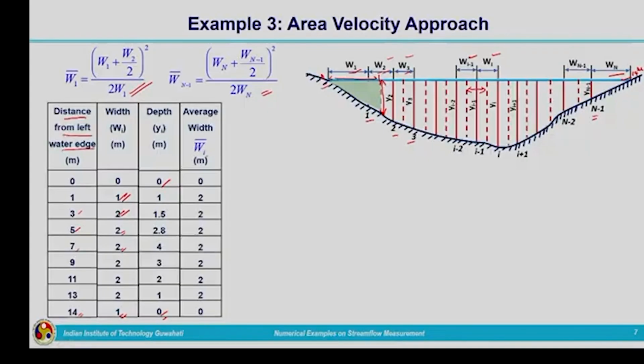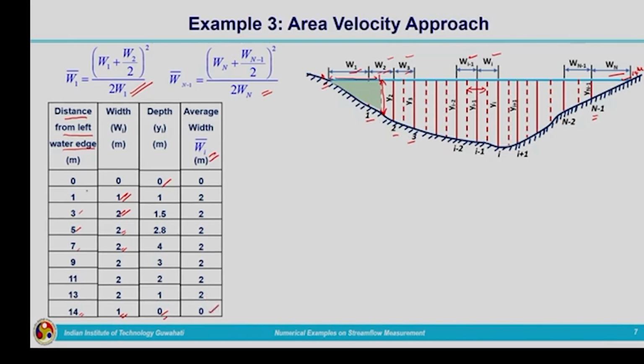By making use of this, average width corresponding to the first segment and the last segment we will compute, and in between the average width is W i minus 1 plus W i divided by 2. So, that way the average width is calculated and we can get the values as listed in this column.